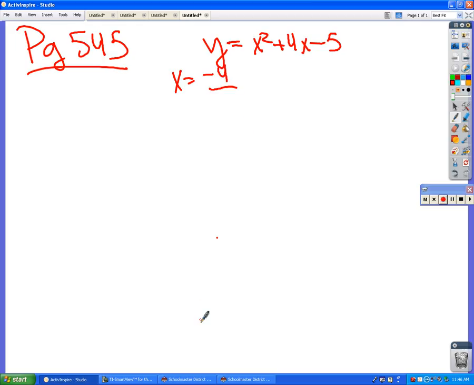And then we have to divide that by 2 times A. A is 1, because this is 1x squared. And so 2 times A is 2. All right? And negative 4 divided by 2 makes negative 2. All right? Does everybody who's at least trying to pay attention understand what we got going here?